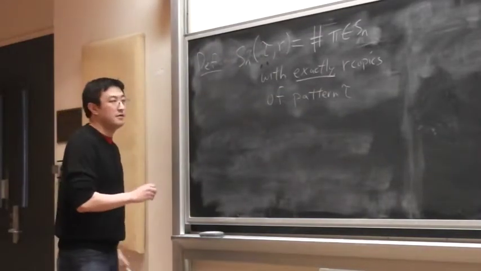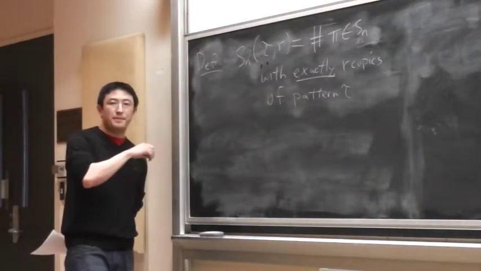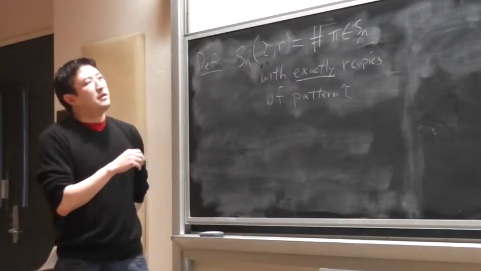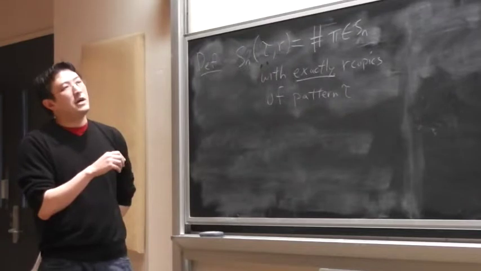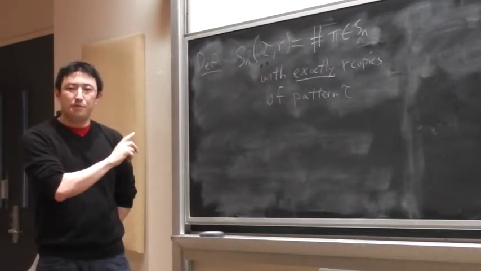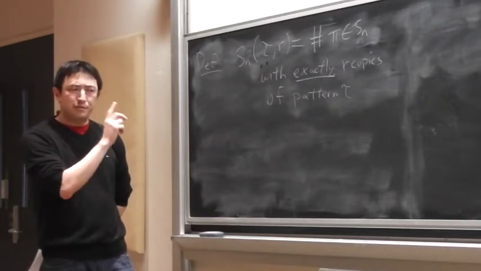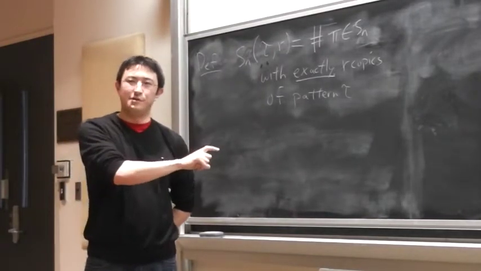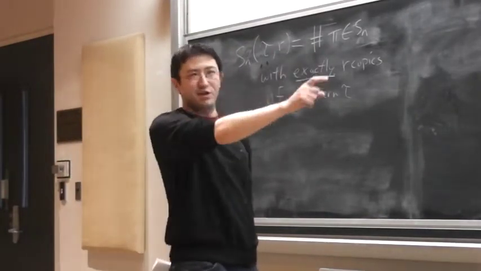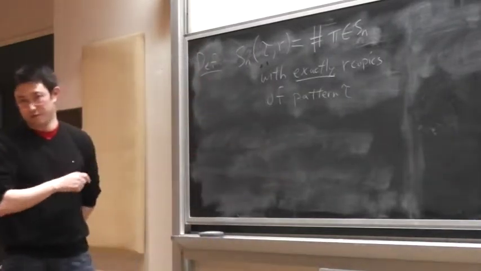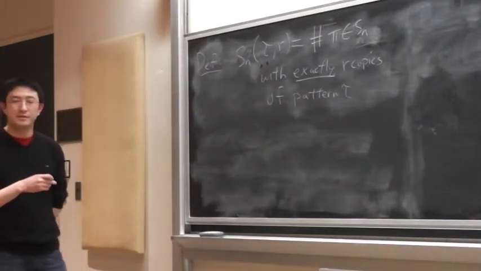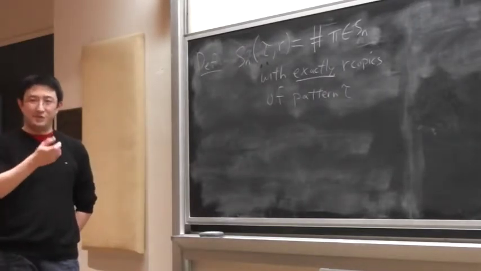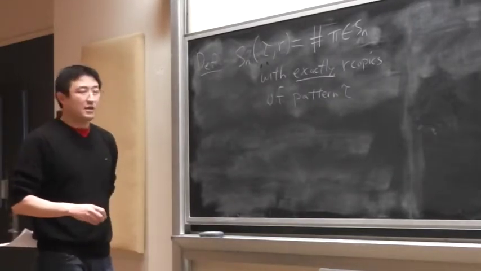Does Wilf equivalence carry over? Like if two of them are Wilf equivalent for r equals 0, does it carry over? The trivial ones do. I believe some of the non-trivial equivalence theorems break down here. Is 1, 2, 3, 4, 5 equivalent to 5, 4, 3, 2, 1? Yeah, that's considered trivial.